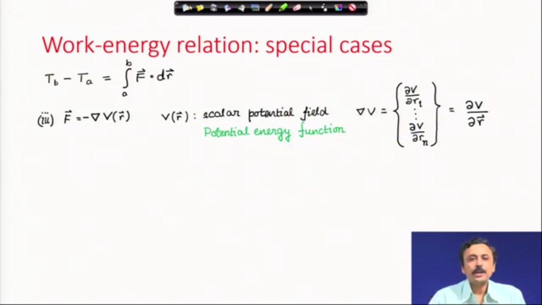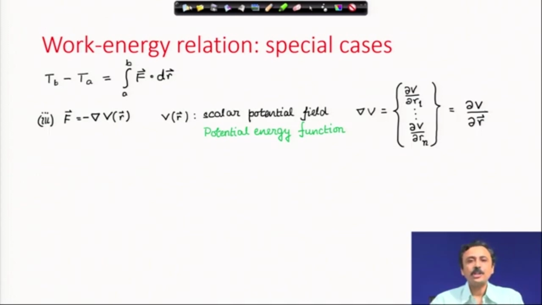The third special case of the work energy relation is when F is the negative gradient of a scalar potential. V is a scalar potential field, that means at every point in space there is a value of this potential.